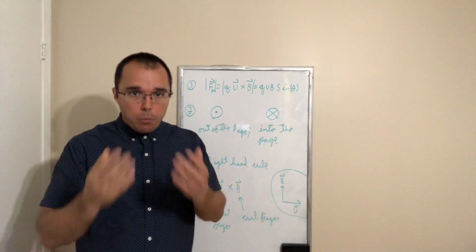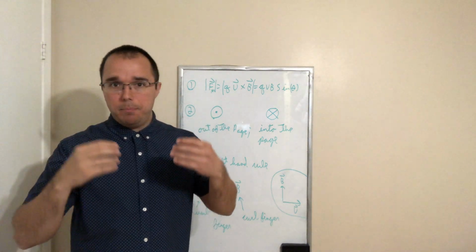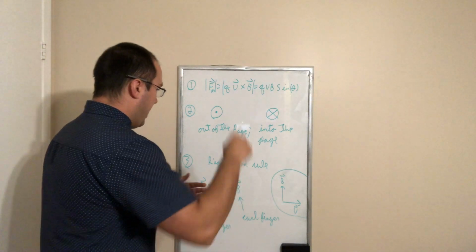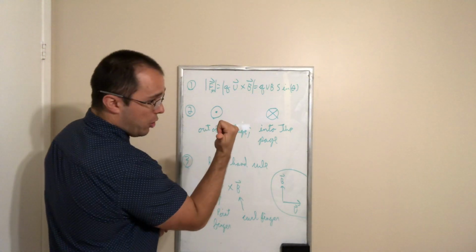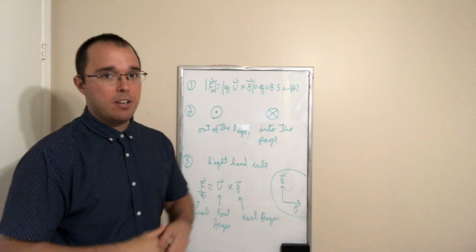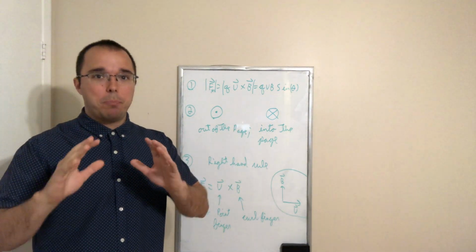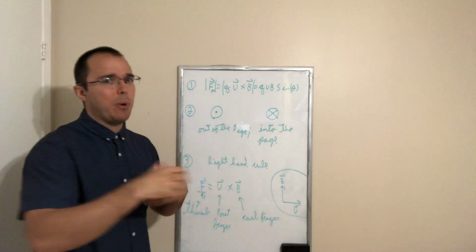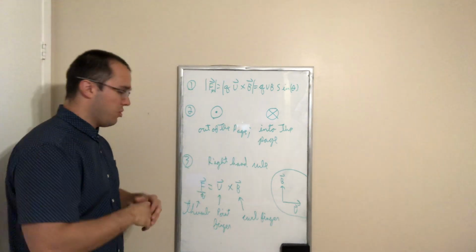Obviously, from your point of view, writing on a white piece of paper, this one is going out of your page, this one is going into your notebook, all right? So you will probably need some practice with these.